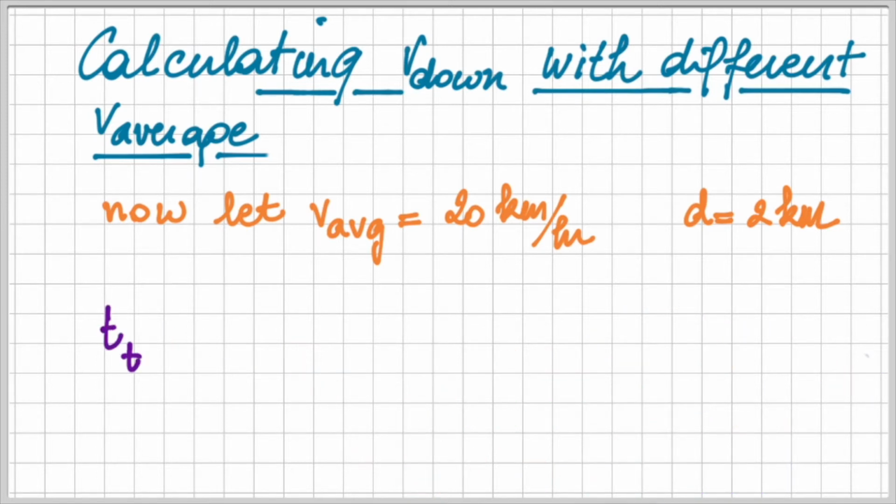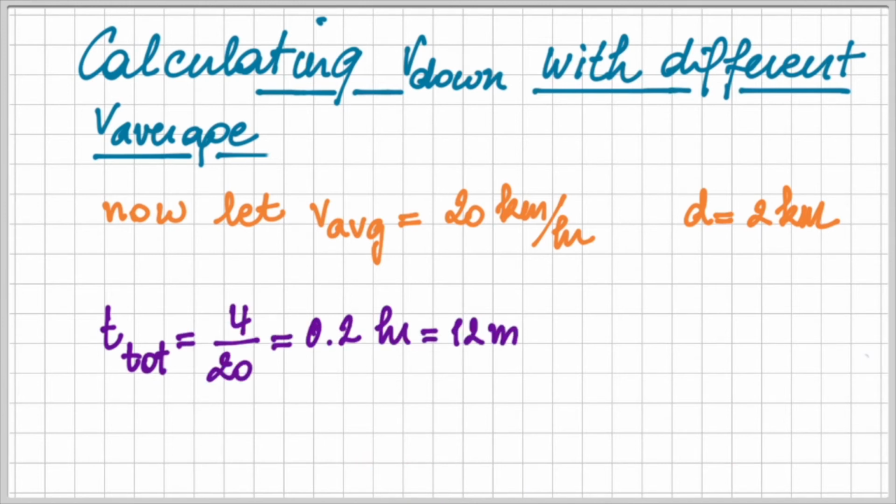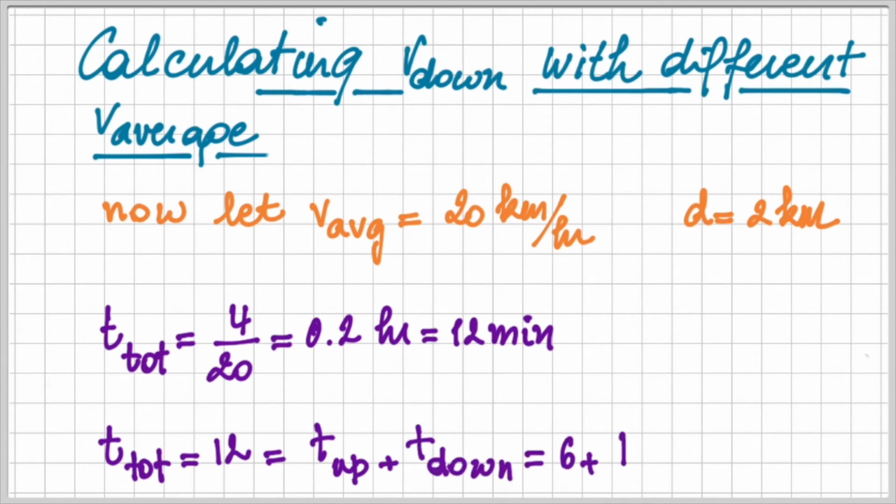And when we look at the formula again, t total is equal to 12 minutes, and it is equal to t up plus t down. T up is 6, and t down is basically also 6 minutes.